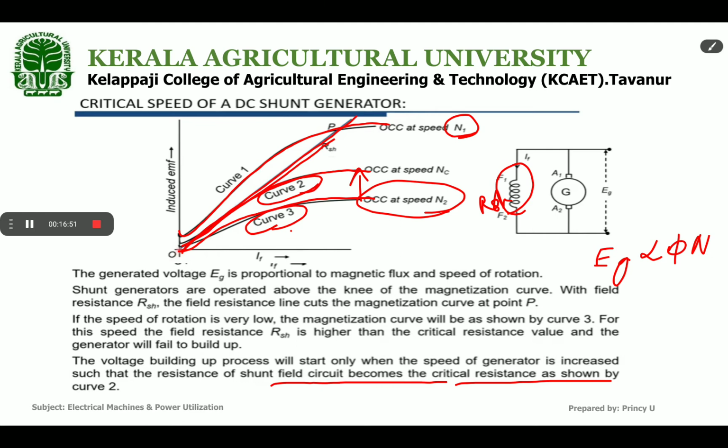So we have to increase the speed up to the value where the resistance of the shunt field circuit becomes the critical resistance. This particular speed at which the machine just starts to excite or build up voltage is known as critical speed.